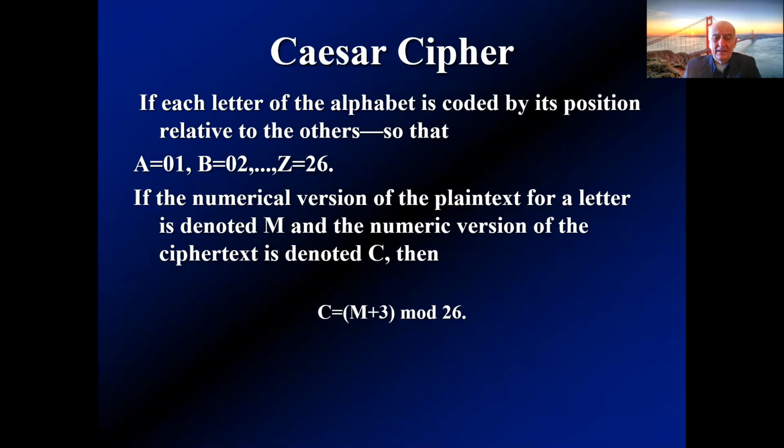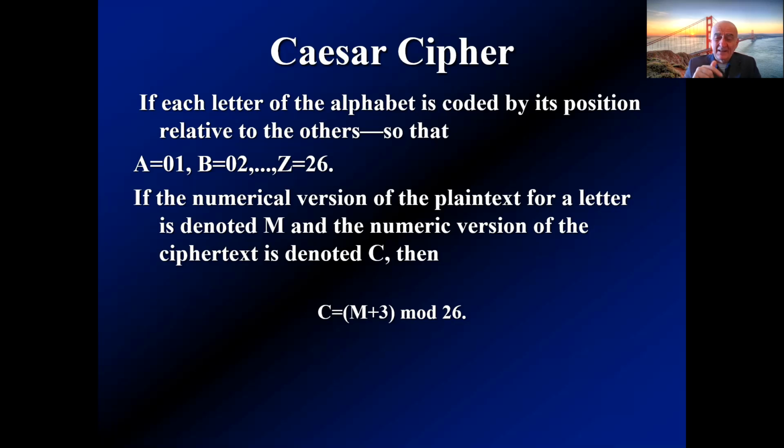And by modular arithmetic, by modulo, we can describe the ciphertext as the following: C equals M plus 3 modulo 26, where C is the cipher letter and M is the original letter. So what does it mean? For example, if M is 1, and 1 is the letter A, then 1 plus 3 is 4.